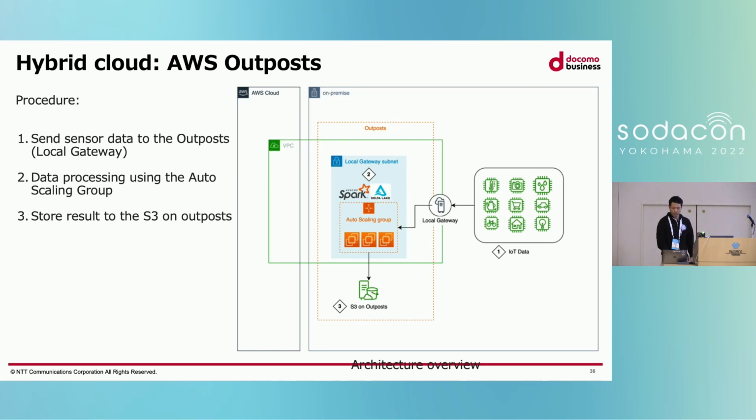This auto-scaling group enables large-scale data to be stored and processed while ensuring scalability. Data processed by Delta Lake is stored in S3 on Outposts. As of August 2022, the maximum amount of data stored in S3 on Outposts is 380 terabytes.